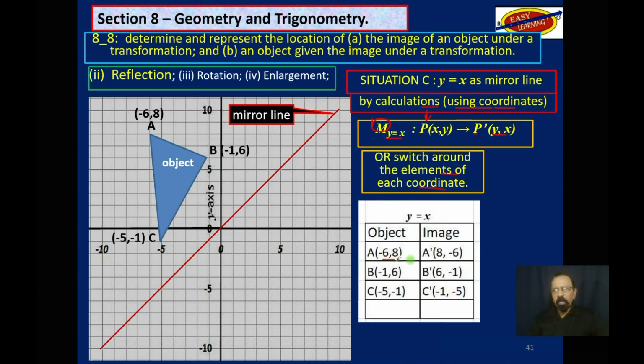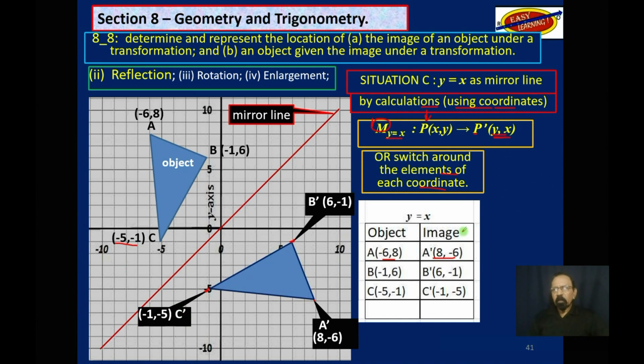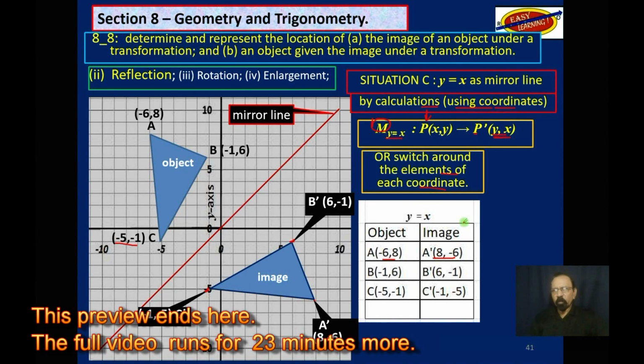So negative 6, 8 will become 8, negative 6, and so on. Let's plot them. This one here is A prime. That there is B prime. And this here is C prime. Remember, you switch this around. Negative 1, 5. You switch the elements of the coordinates. Finish drawing the image, and that's what you have. Now remember, this holds true only when y is equal to x.